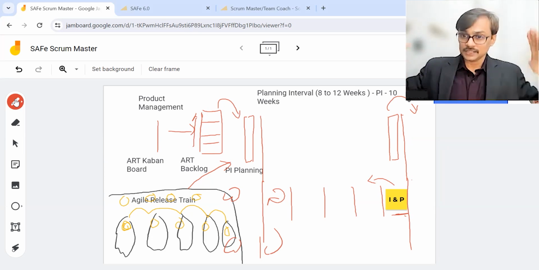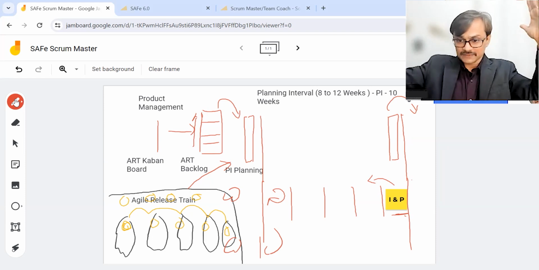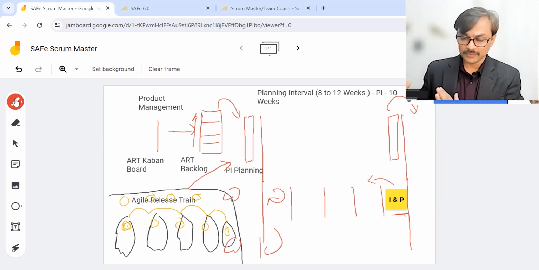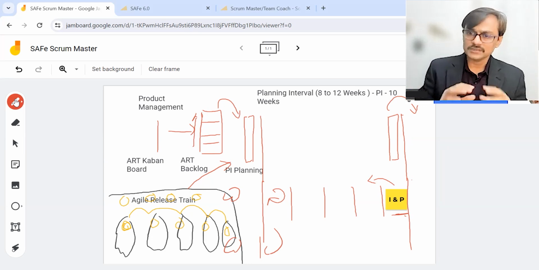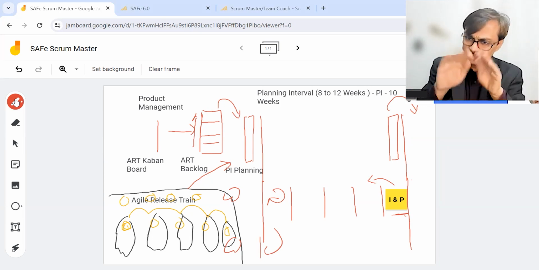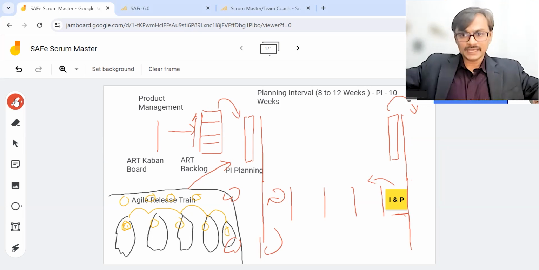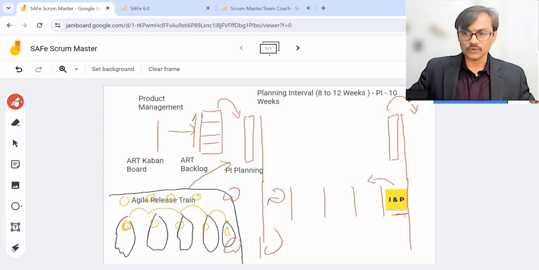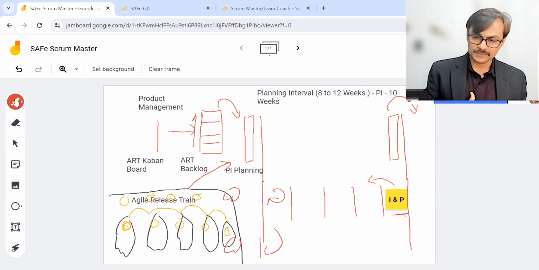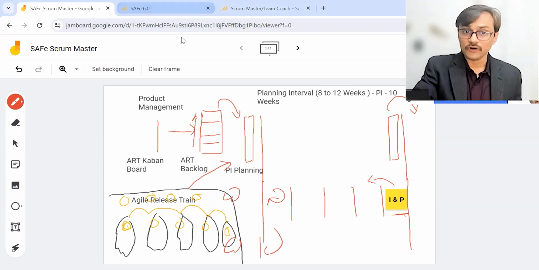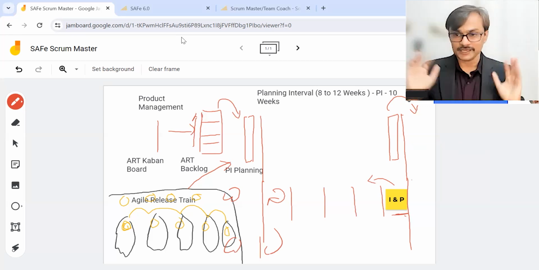You understand that there are two levels of time boxes: the PI level time box and the iteration level time box. In the iteration time box, the team is focusing on getting their part of the work done. In the PI time box, we have a bigger goal, which we set in our PI planning meeting, and we do it jointly for the complete Agile Release Train. Any question or comment till here?